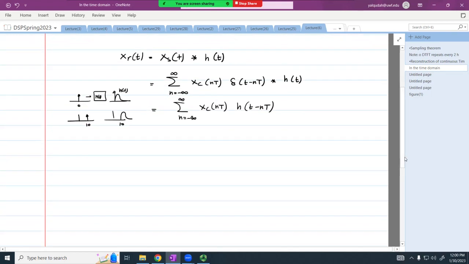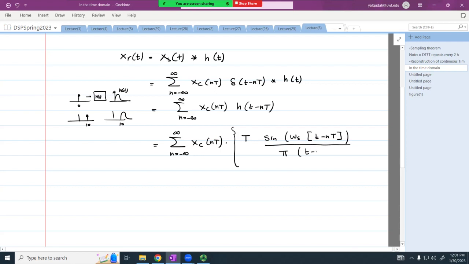Now what I'm going to do is just substitute for the value of h of t. What is this going to equal to? The sum over n from negative infinity to infinity of x continuous of nT multiplied by h of t minus nT, which equals T multiplied by sine of omega cutoff multiplied by (t minus nT), divided by pi multiplied by (t minus nT).